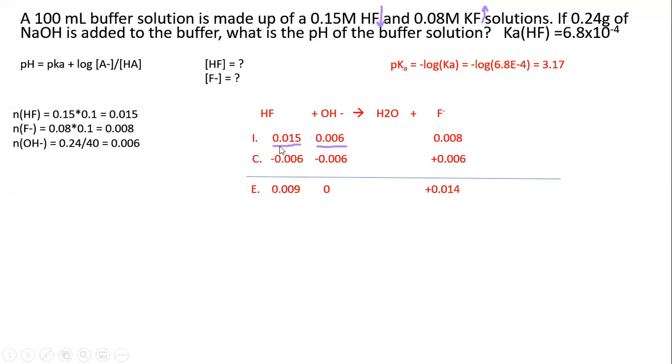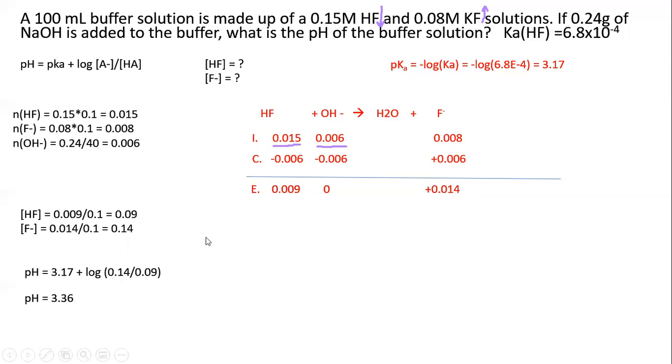So at equilibrium, we subtract 0.006 from the moles of weak acid. We add it to the moles of weak base. Now we can find the new concentrations of weak acid and weak base, plug it into Henderson-Hasselbalch, and we get a pH of 3.36.